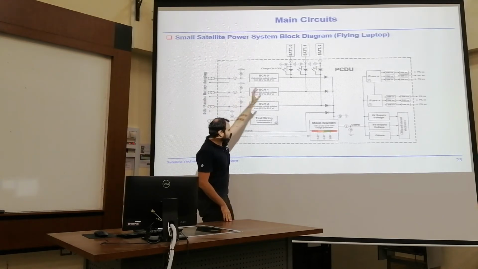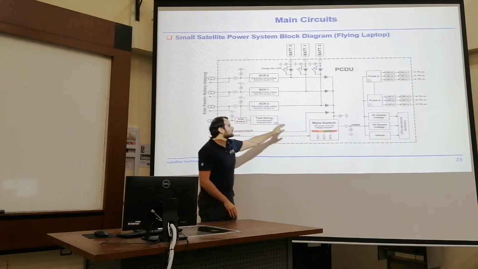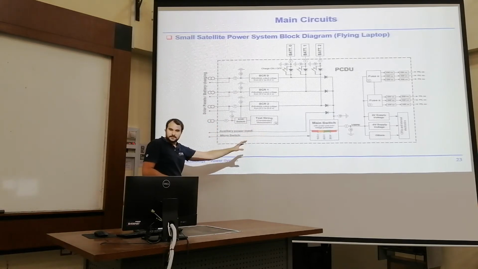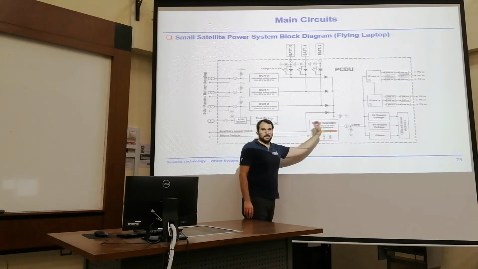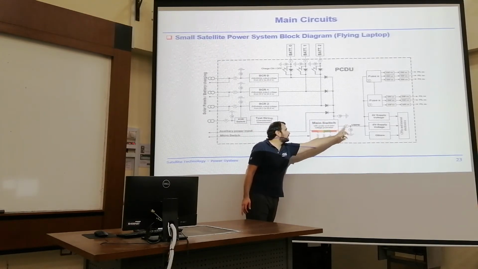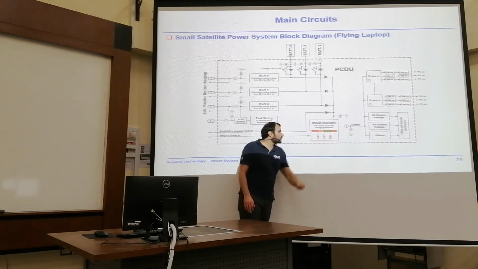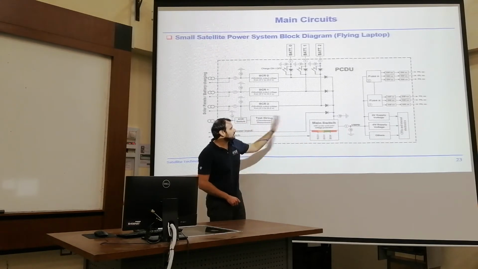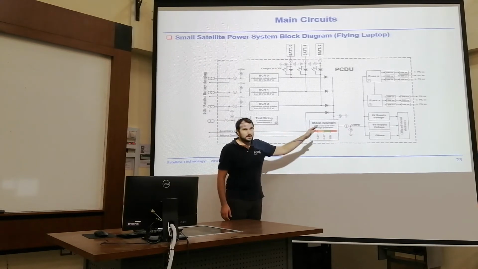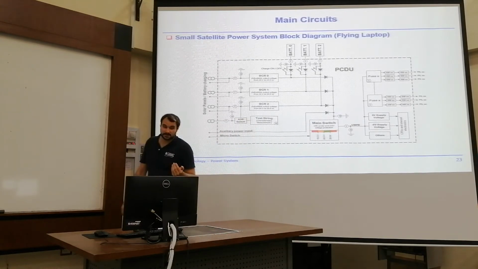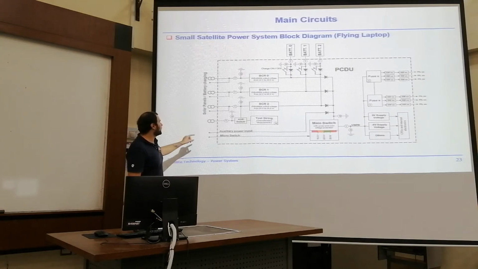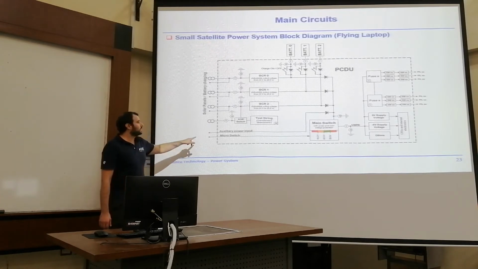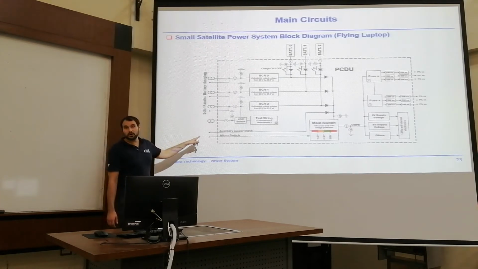All that goes down into our main switch for some under and over voltage protection and feeds the umbilical connector, our main output from the PCBU. Again, we can measure the voltage and the current, and then it goes into some fuses and other conditioning stages. In that case, we also have a micro switch, and that is used to switch the satellite on and off.